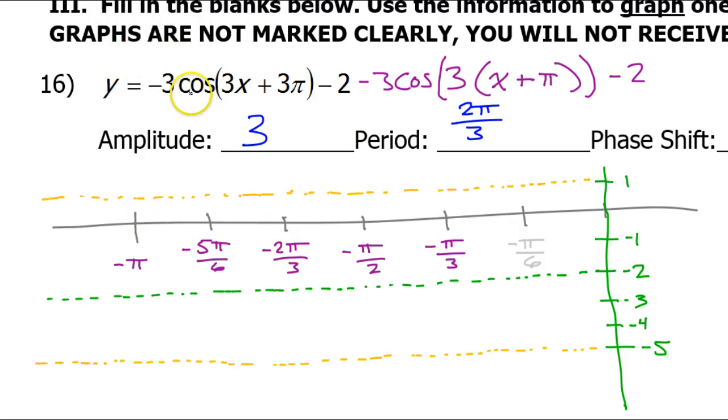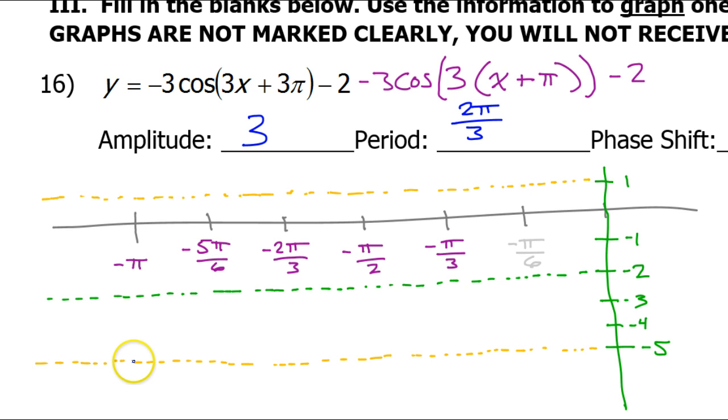Okay, so I know that the cosine function, when it's a positive a value, starts off at its highest value, and then it goes down like a bucket. But because it's a negative a value, it's going to be reflected over the x-axis, and thus reflected over the midline.